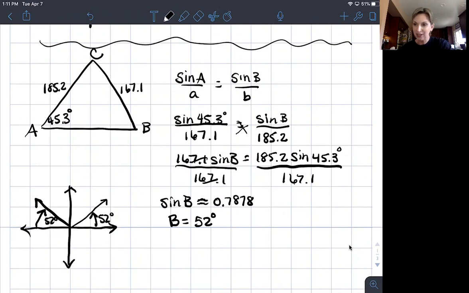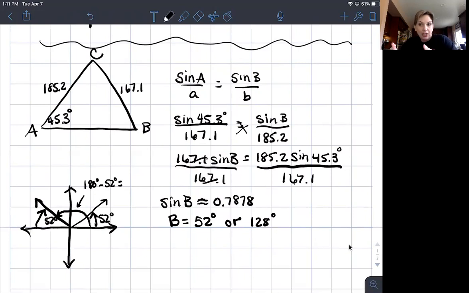Okay, so this angle that's 180 minus 52 has the same sine of 0.7878. Okay, so that would be 180 minus 52 is 128 degrees. Two possibilities, two angles with that same sine.